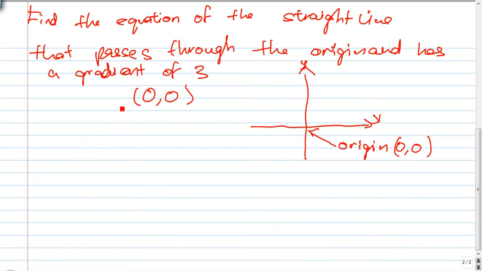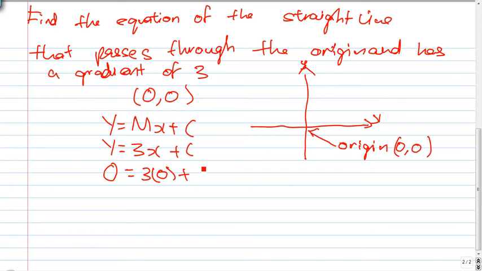So all you need to do is write down y equals mx plus c, the general expression of a straight line. You know the gradient is 3, so y equals 3x plus c, and you know it passes through the coordinate (0, 0). So when y equals 0, x equals 0.